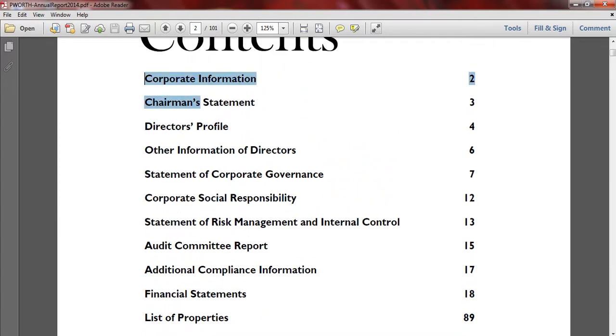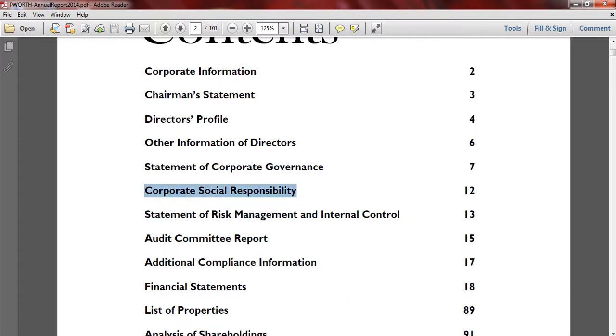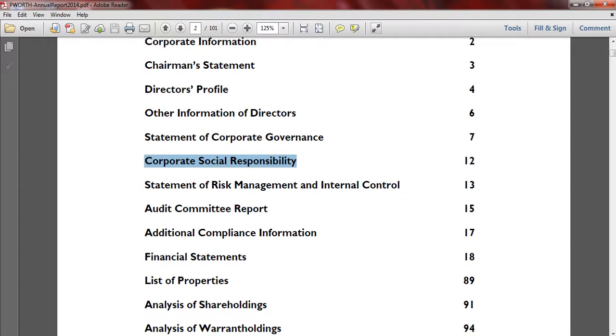There's corporate information, the chairman's statement, the directors' profiles and other information on directors. This one, corporate social responsibility, I'm also not so concerned about, because it's not making money for you.